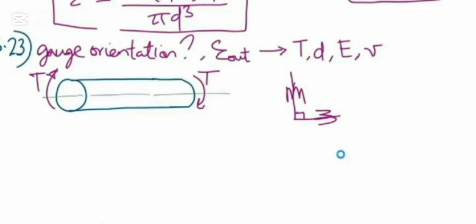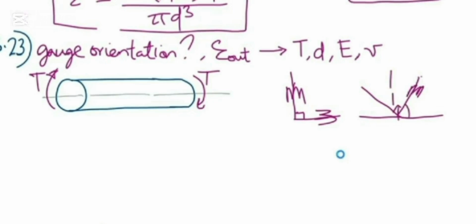A 2-element rectangular rosette. When you say rectangular, you know it's 90 degrees, isn't it? Yes, sir. So we can convert this 90 degrees to shear, because this is a torsional loading. Since we are having torsion, we can make this shear in the sense that when we have it this way, here is going to be 45.